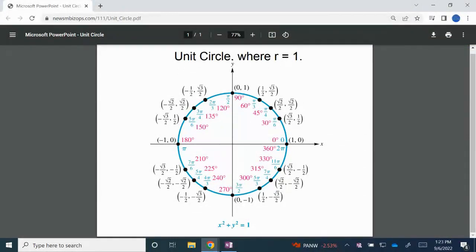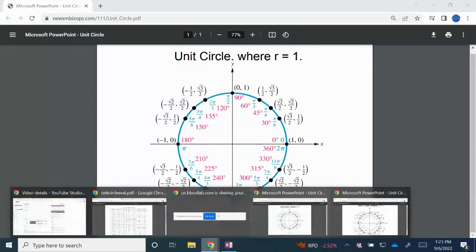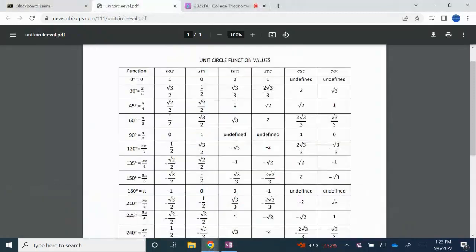In order to find the tangent, you have to put the y value over the x value, and you would have to rationalize your denominators. You could also find the reciprocal of sine, which is cosecant, by simply reciprocating, and you can also find the secant by reciprocating. But you can more readily find those values using this chart.